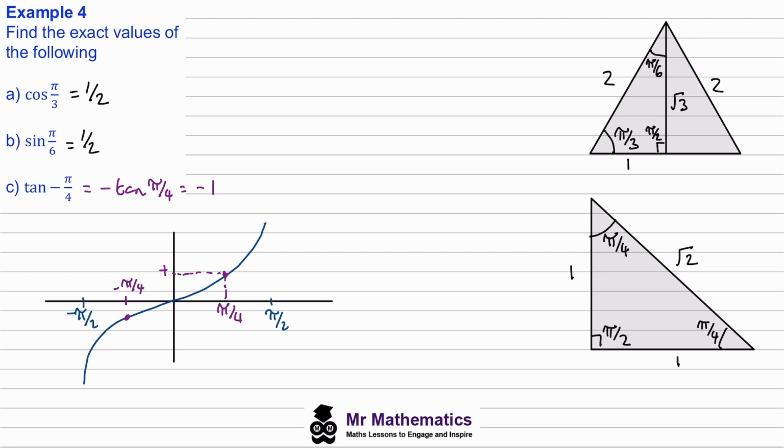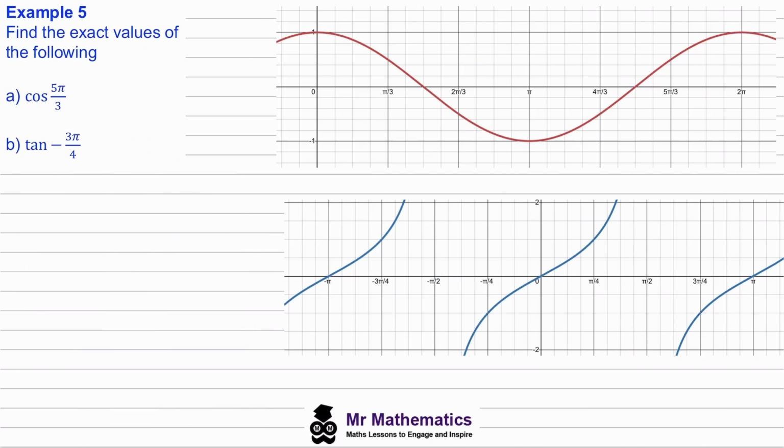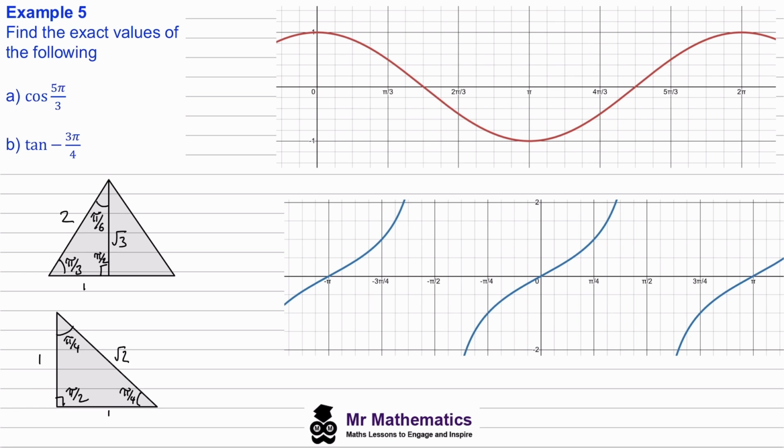If we look at one more example. So in example 5, we need to calculate the cosine of 5 pi over 3. And the problem is, this angle isn't in any of these triangles. But if we use the properties of a cos graph, we have 5 pi over 3 here, and this will give us this value.